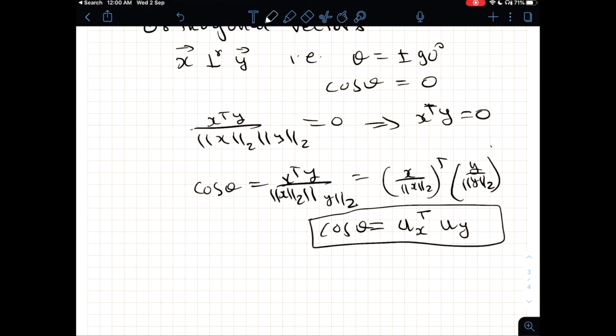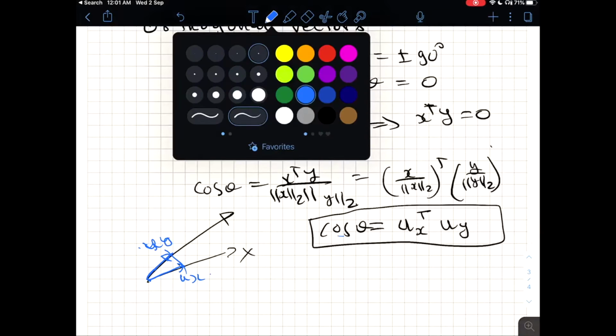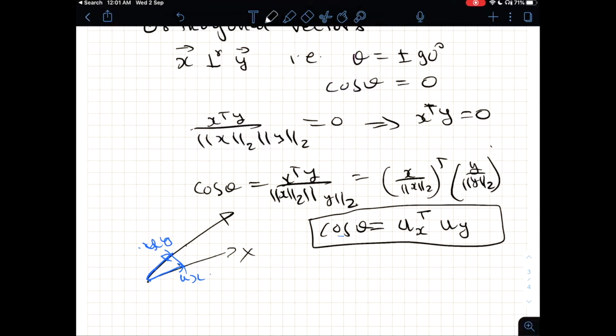So that's another way of looking at it. If this was my x and this was my y, and this indicates a unit length vector, then complete the arc of the circle. This indicates the unit length vector here. I call this ux and this uy, and then the dot product ux transpose uy is nothing but the cosine of the angle theta between the two.